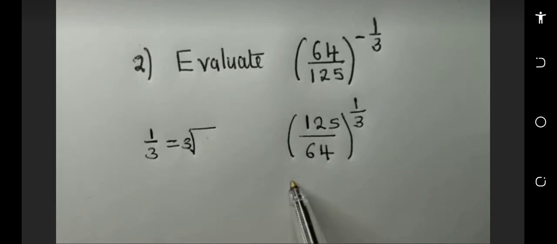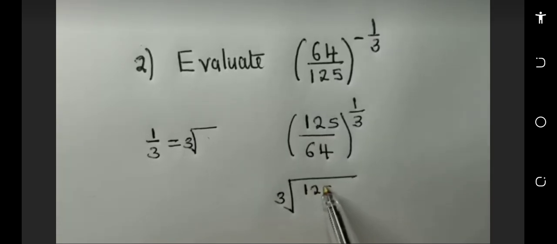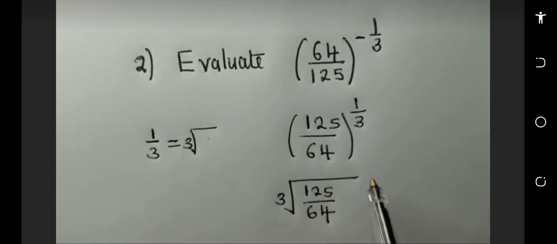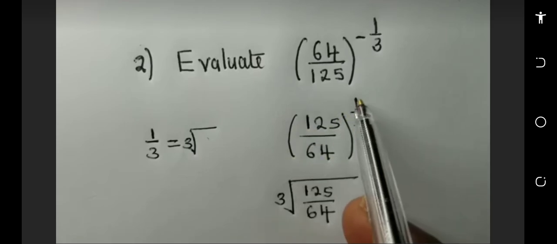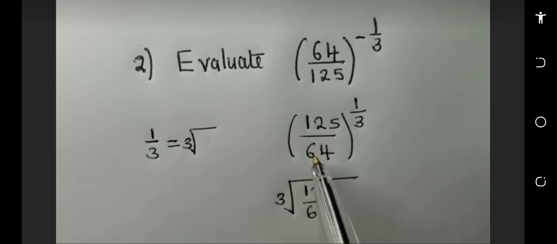So now let's do this. We have a cube root now. Cube root over 125 over 64. Since there are brackets here, meaning what this power would do to this, it will also do it to this other number, the denominator.